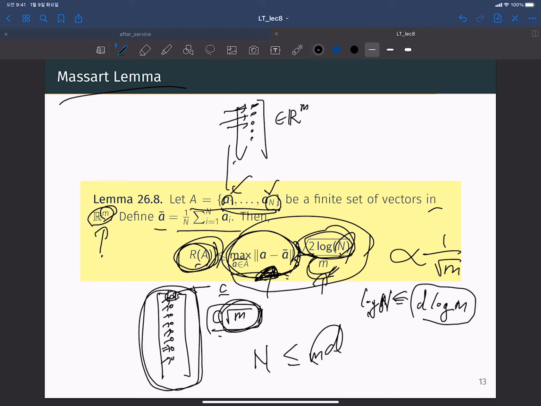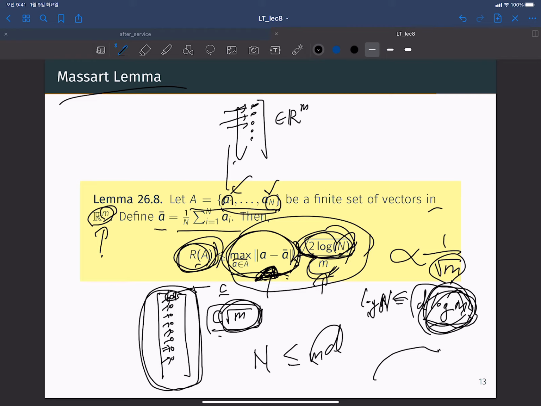Again, good news is log is a very slowly increasing function, so square root m is much faster than log m. So we can almost ignore the log m term in the numerator. That is good news.